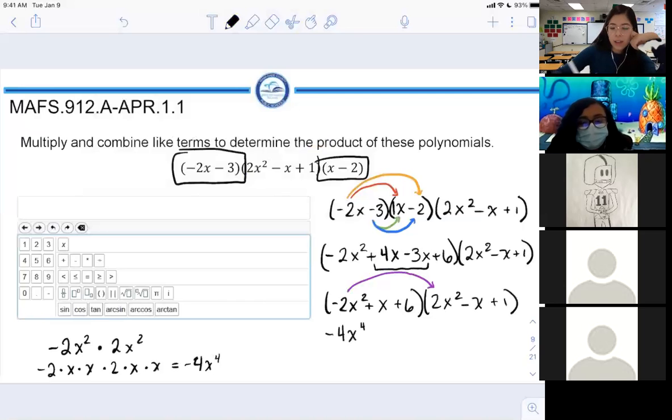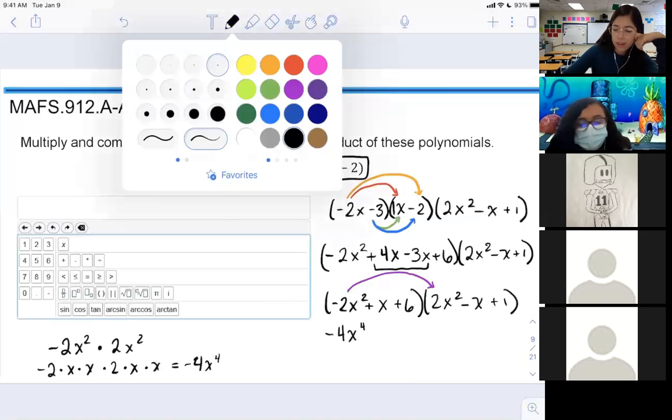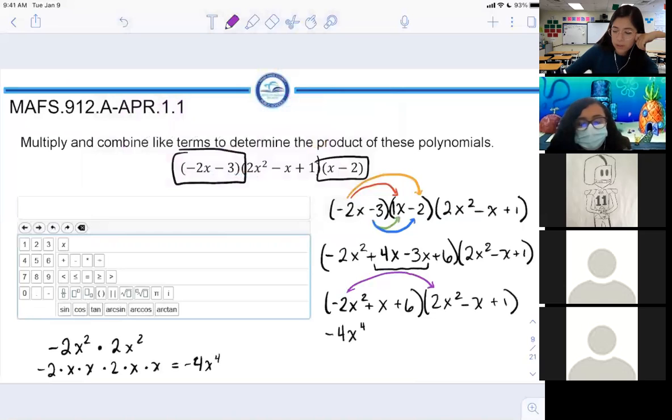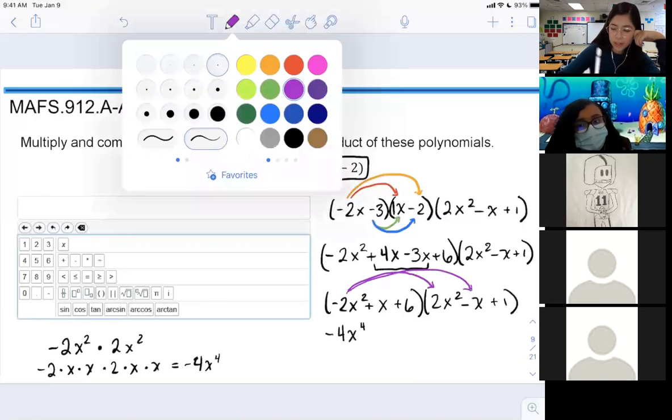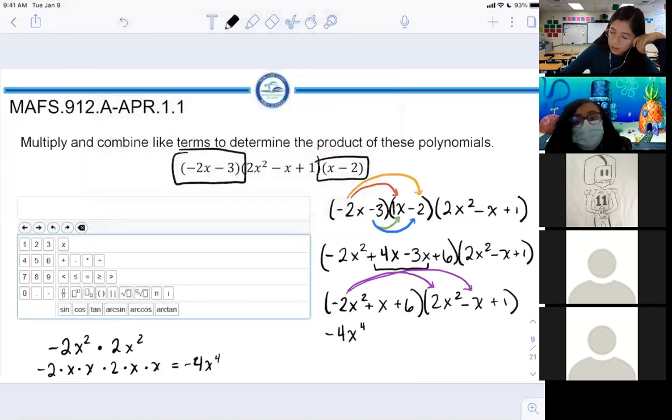Okay, so I got that. Now I multiply negative 2x squared times the next term. So now I bring it all the way to the negative x. So what's negative 2x squared times negative x? Yes, we're basically adding the exponents. Negative 3x cubed.